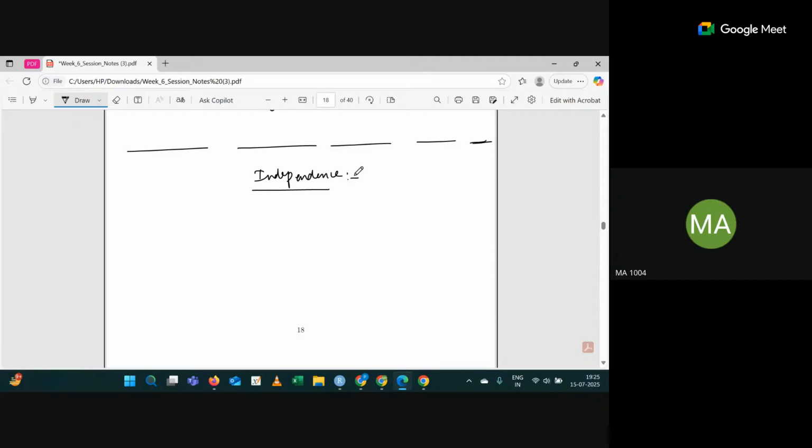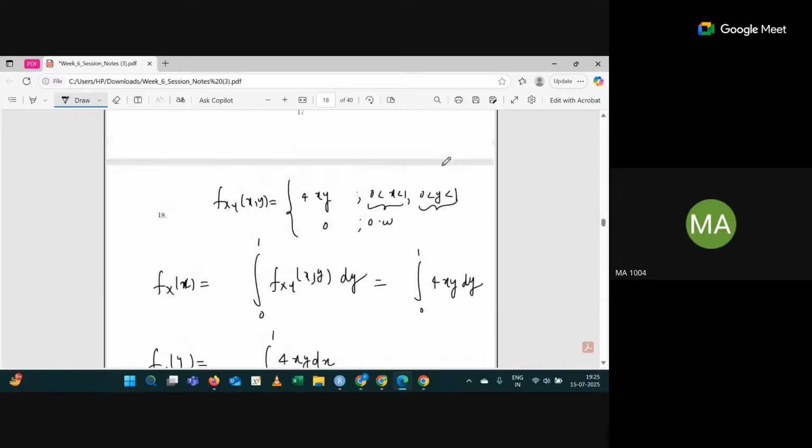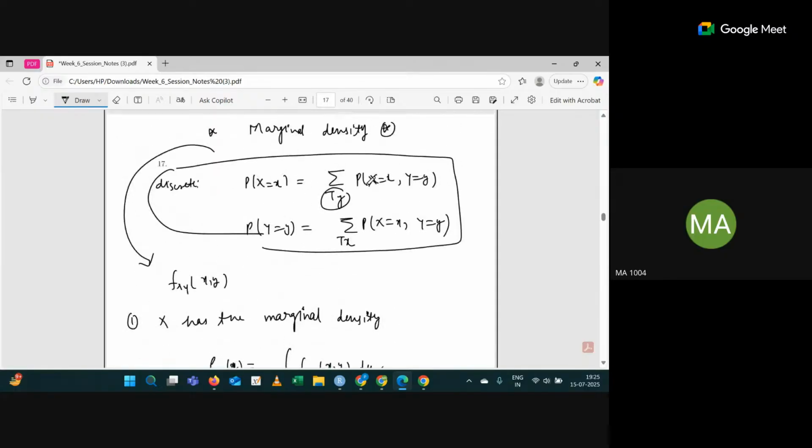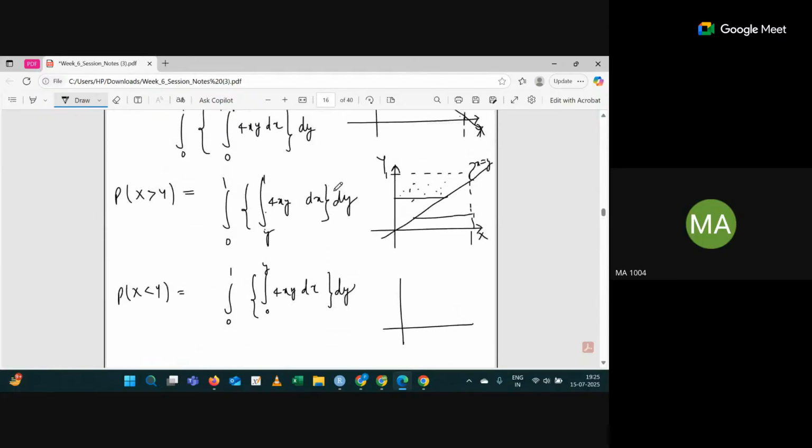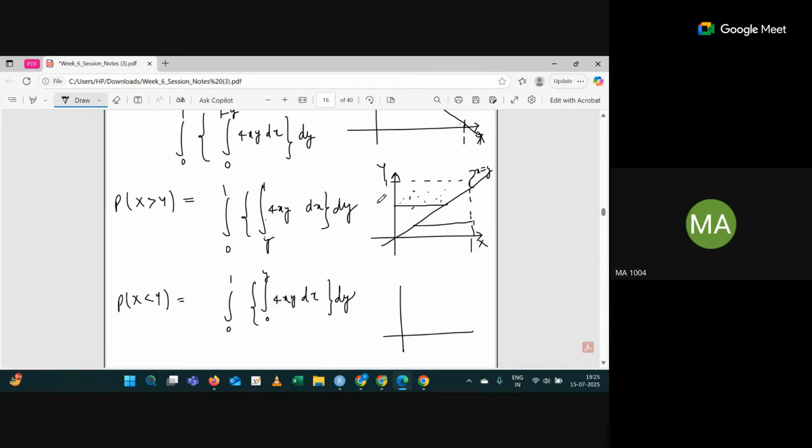What I would suggest, watch the lectures once and try to draw that figure. Here, I took only a few specific examples: x greater than y, x less than y, x greater than 2y. Try to take some difficult ones, like x greater than 3y, or x plus y lies between 1 and 2.